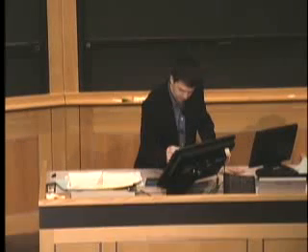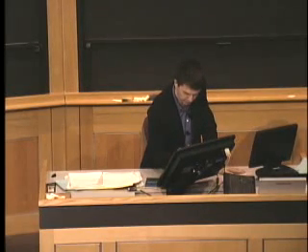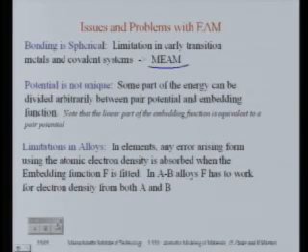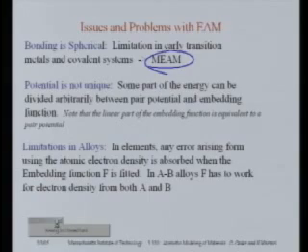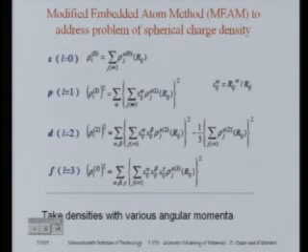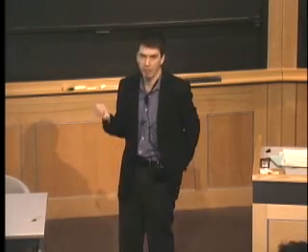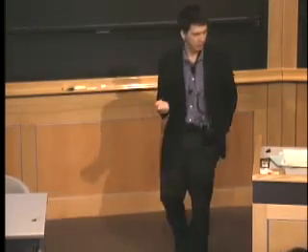In about the 90s, Mike Baskes developed what's called MEAM, and that just stands for Modified Embedded Atom Method, which basically has embedding functions that keep track of the angular dependence of the electron density around you, essentially by mapping the problem onto spherical harmonics.